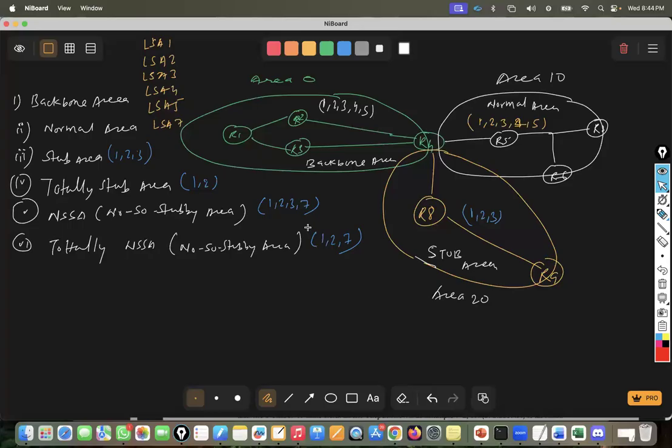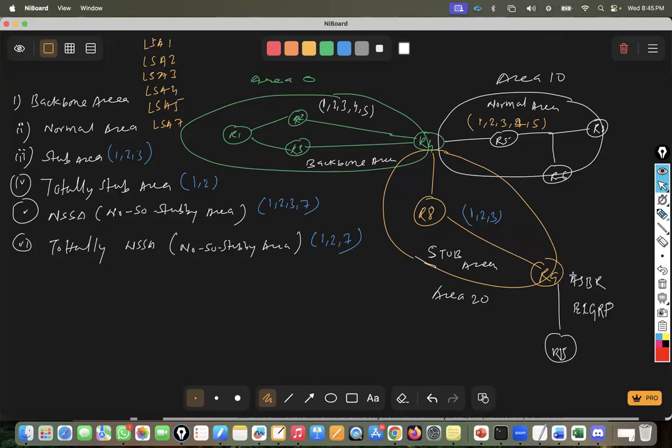Now the question is, let's suppose I'm getting an advertised route here from R5 or R15, and this is going to act as an ASBR.